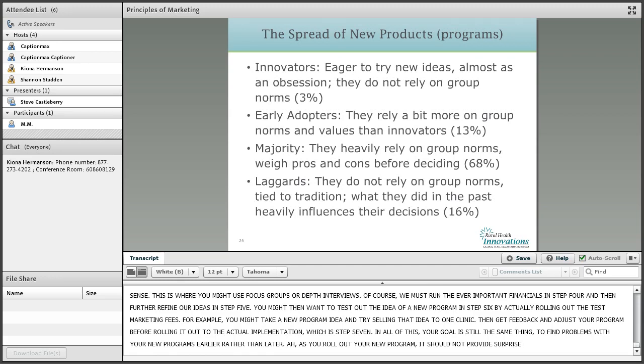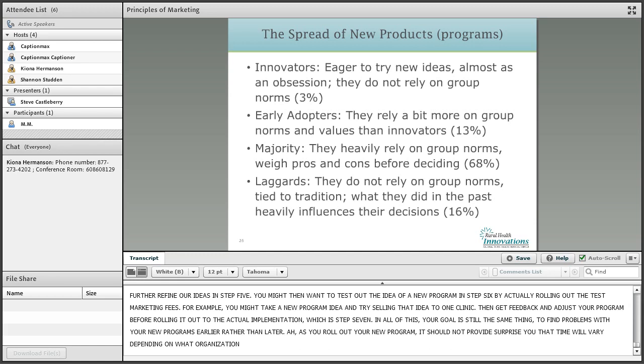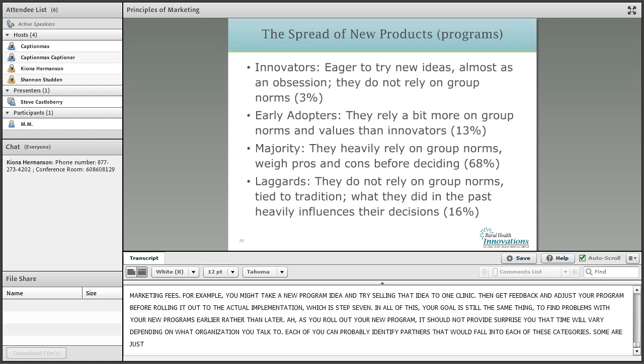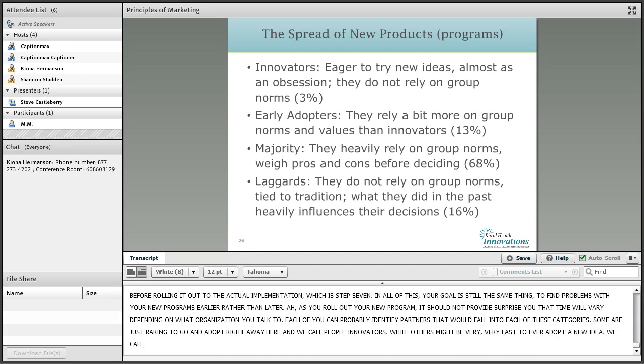Next, step 2, we generate new ideas that will meet our target market's needs. We've talked about many ways to do this already, including the use of marketing research. We can also see what other networks are doing that might be applicable to our situation. Finally, we may want to reach out to the network's customers and learn more about their needs and problems.